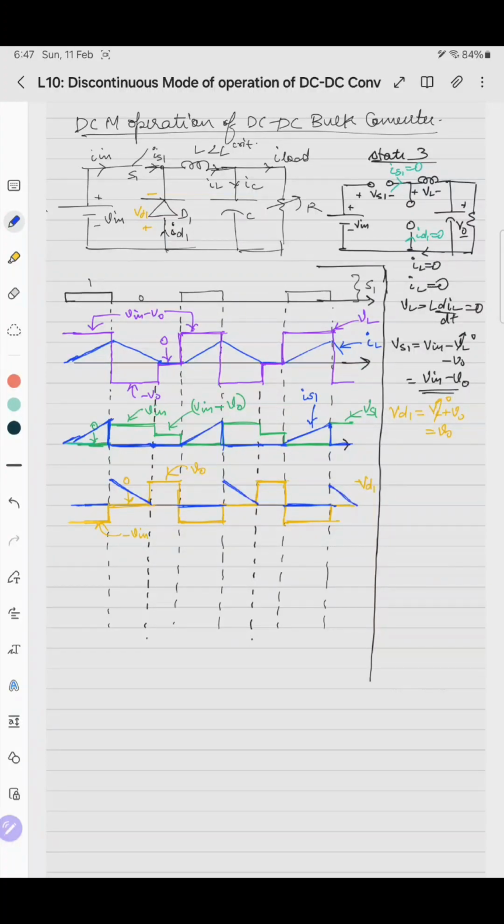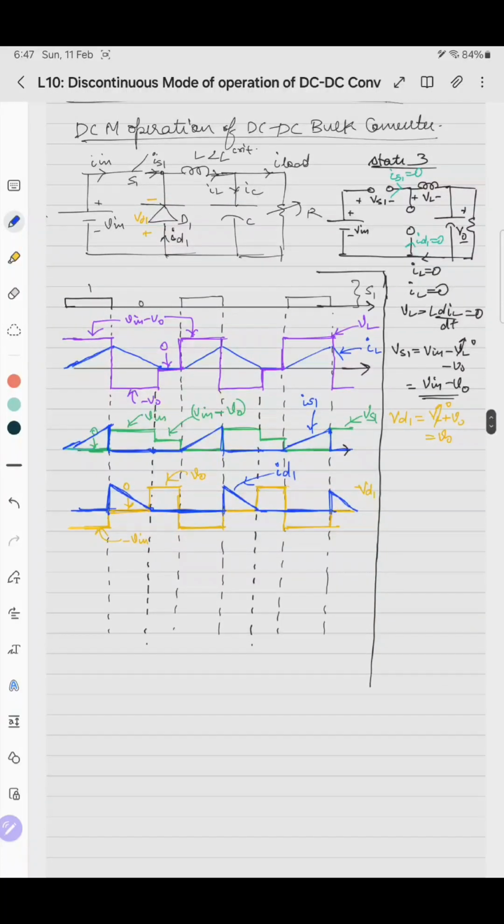And the current through the diode is still 0 when the diode and switch both are off. So this trend continues. This current is ID1.